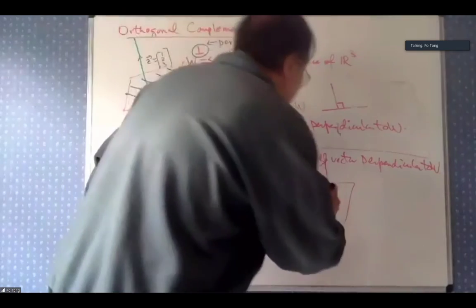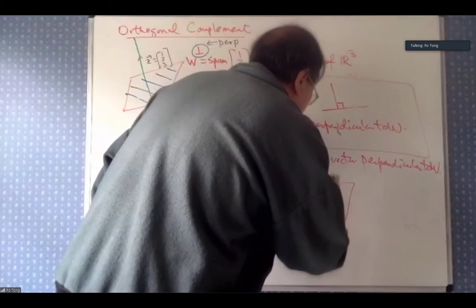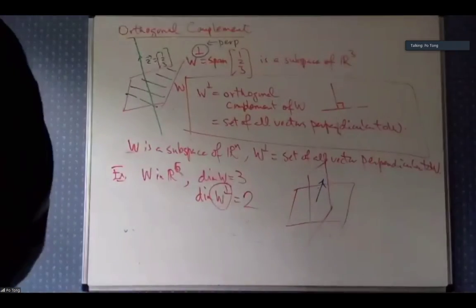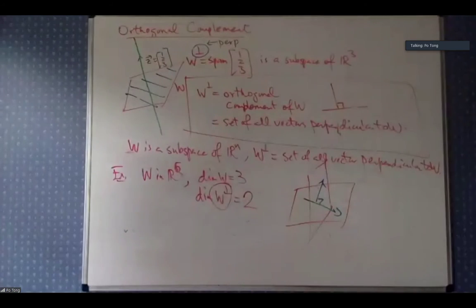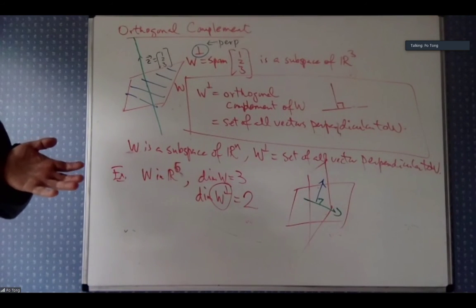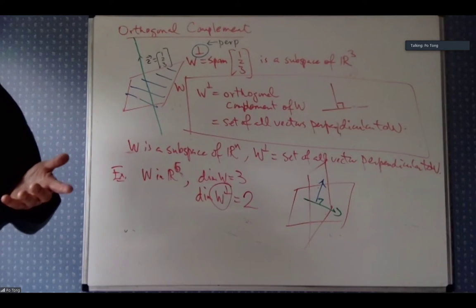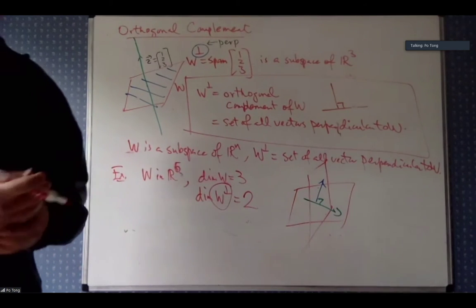Basically, any vector here and any vector here are going to be perpendicular. It's not easy to picture because it's in 5 dimensions.